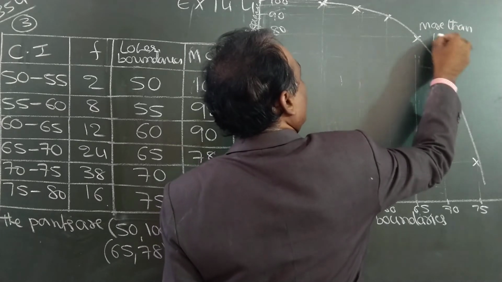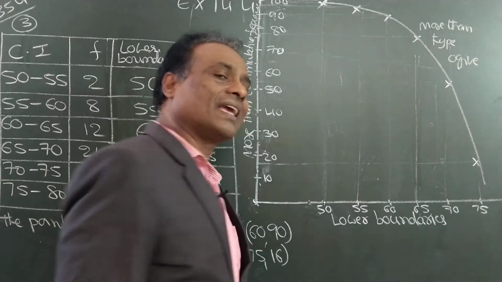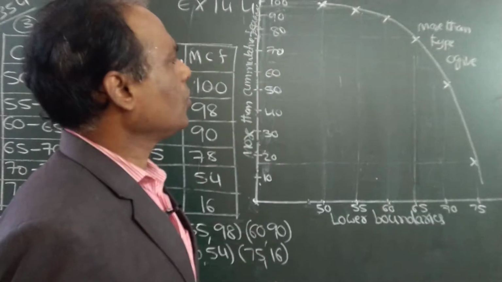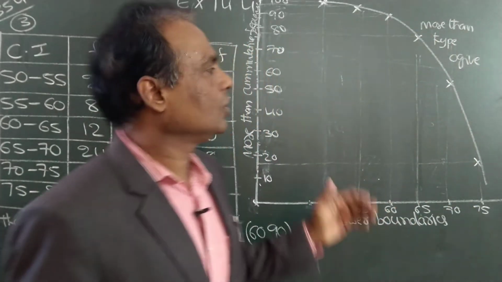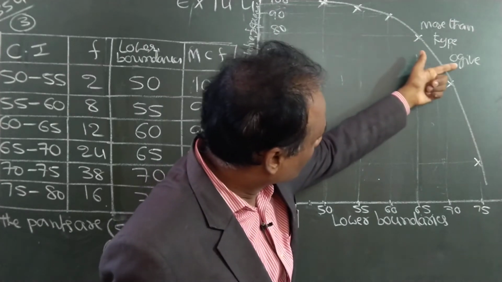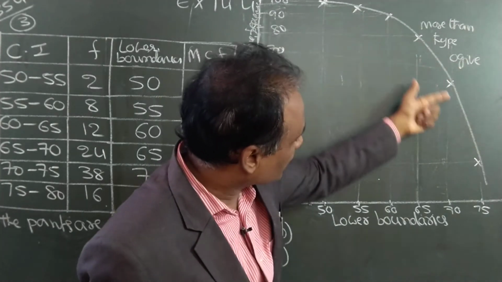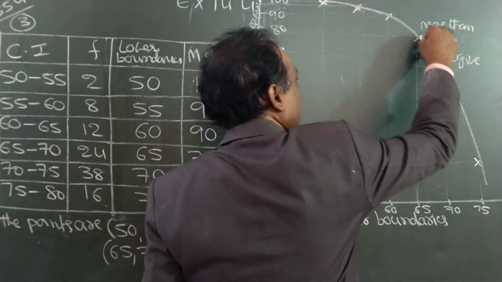Ogive itself is a curve, so again, don't write curve. More than type ogive means ogive itself is a curve name. So that is greater than, more than type ogive or more than cumulative frequency curve.